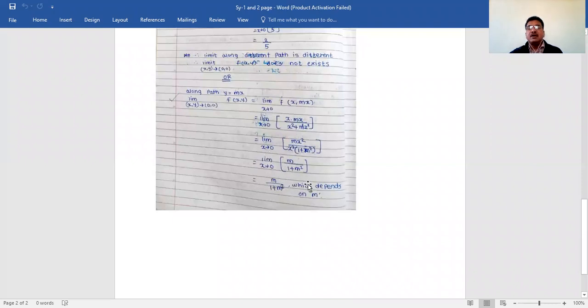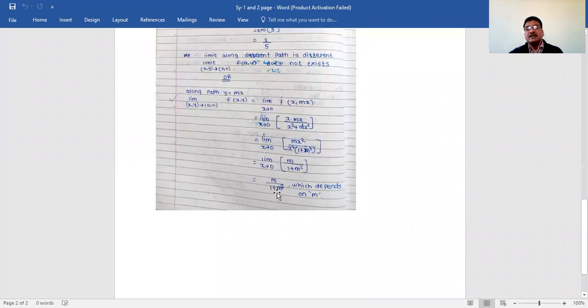If this limit does not depend on m, then what happens? Suppose here we have the answer 5. Then if we change m, that is, if we change the path, the limit remains the same. And that is not useful to show that the limits along different paths are different.